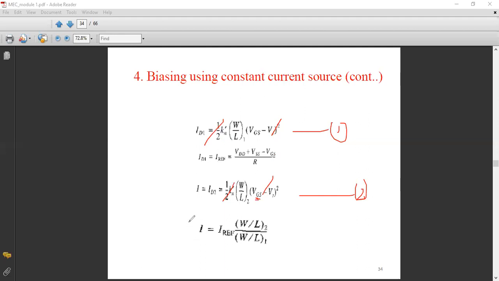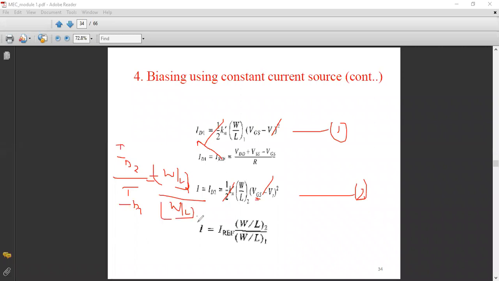So finally you will get I as I reference into, because ID1 is I reference. Okay, ID1 is I reference. So if you cancel this, you will get the equation as ID2 divided by ID1 is equal to W by L2 divided by W by L1.